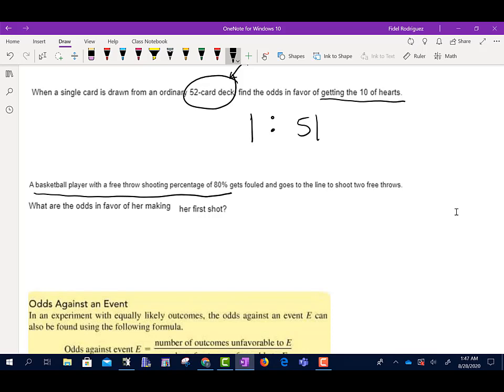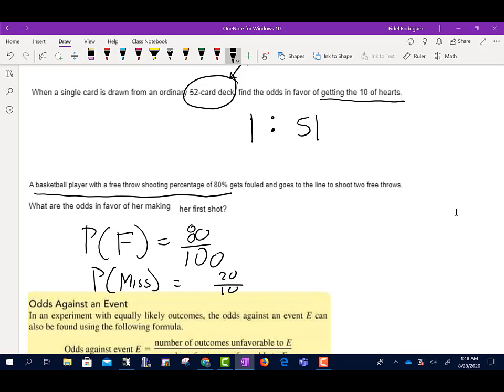A basketball player with a free throw shooting percentage of 80%. That means that the probability that she's going to make her free throw is 80 out of 100. So the probability that she would miss it would be 20 out of 100. Okay? Because if it's 80%, it means 80 out of 100.